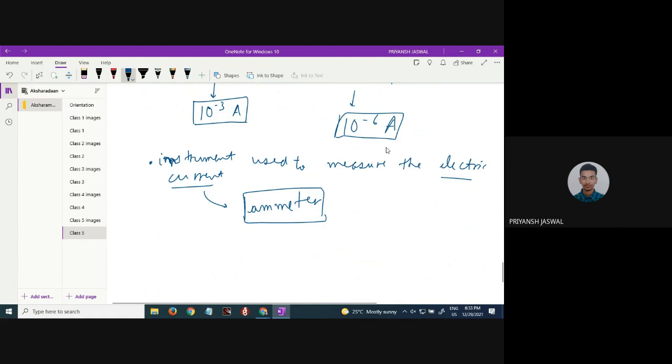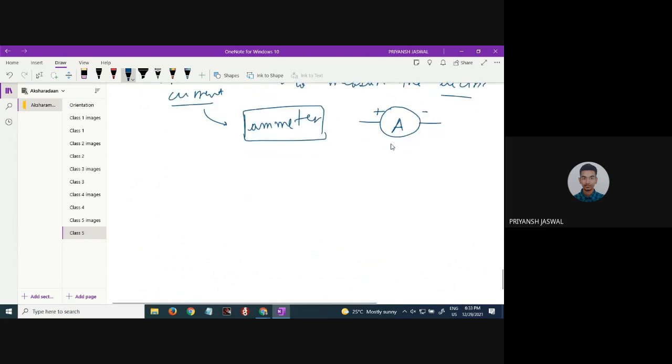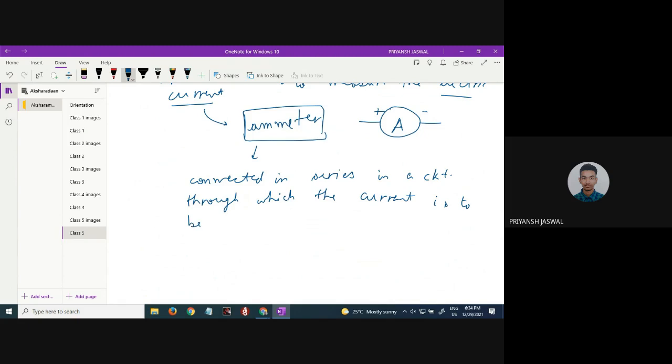And its symbol in electric circuits is like this: a circle in which A is written, and its terminals. This ammeter is always connected in series in a circuit through which the current is to be measured.